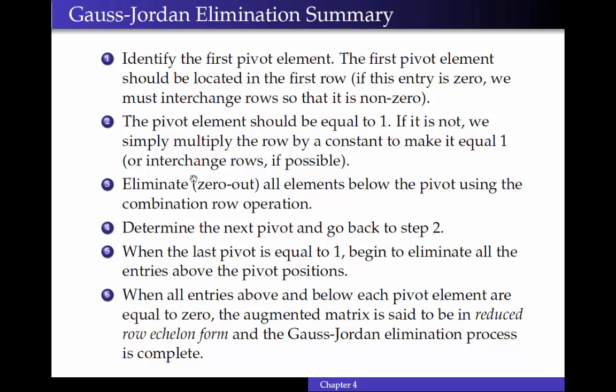We also eliminate or zero out all the elements below the pivot and all of the elements above the pivot. We start by eliminating the ones below the pivot, and then when we're finished with that step, we begin to eliminate all the entries above the pivots. Once we've done that, the augmented matrix is said to be in reduced row echelon form, and the process is complete.